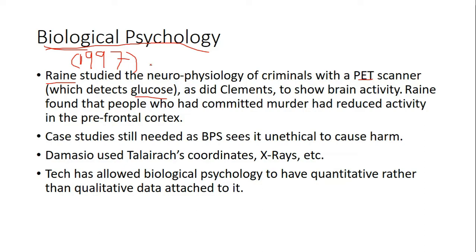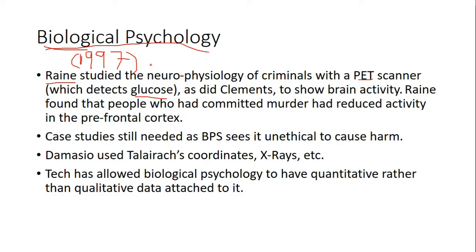So it's not that harmful to humans. It gets injected, it goes into the brain, and you can watch in a PET scanner which areas are using it and which areas aren't. Raine did this on criminals, and Clements did it as well, to show how their activity worked. Raine found that people who had committed murder had reduced activity in the prefrontal cortex. That's again to do with decision making.